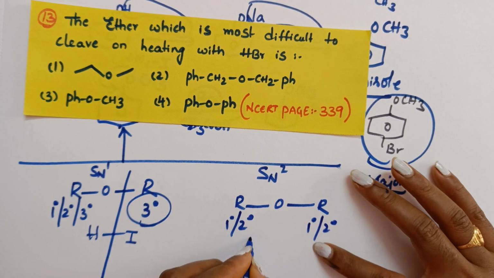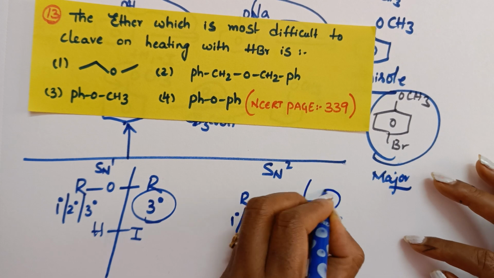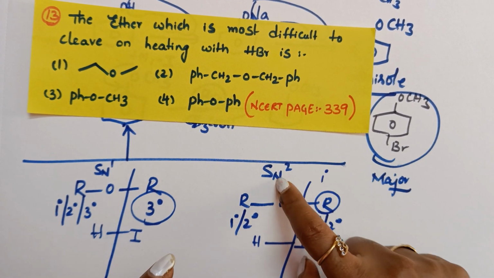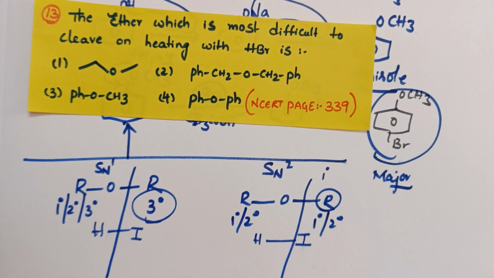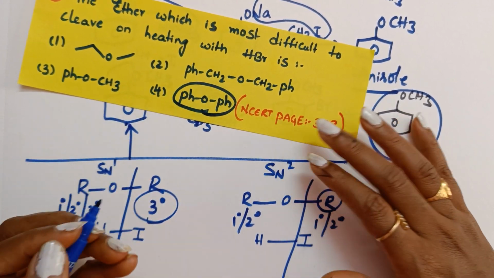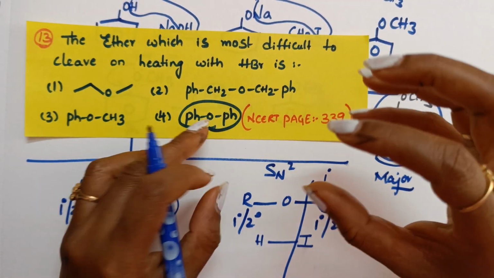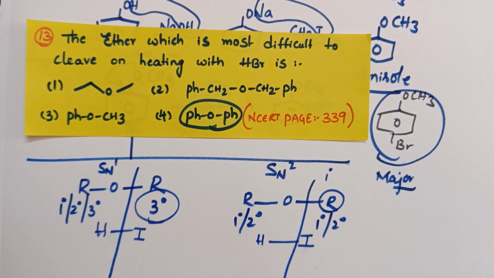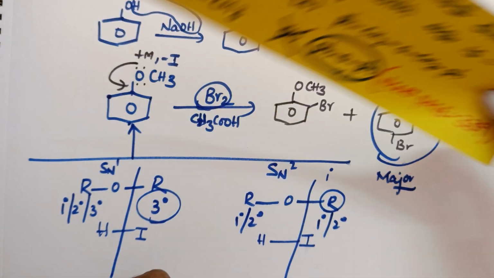If that is the case, you have to connect this iodine negative part to the less crowded, I mean primary side, because for SN2 the less crowded carbon is preferred. But in this case, if you break on either side, you get a phenyl carbocation. Phenyl carbocation is highly unstable. So this reaction is the most difficult reaction.